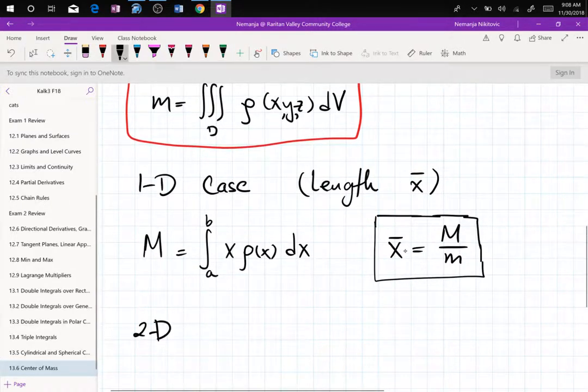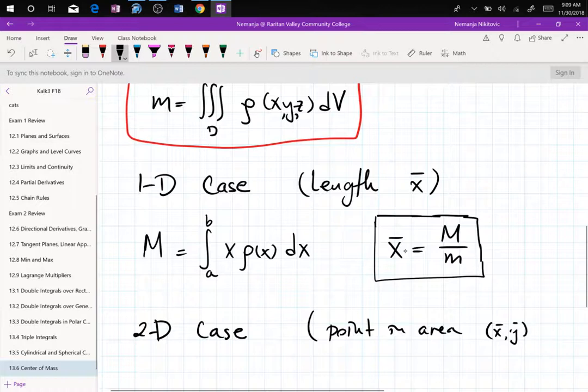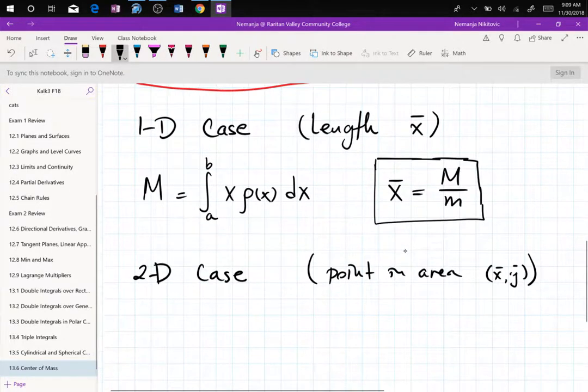Now the 2D case is where we're looking for the point in area, and that's going to be x bar, y bar. And now you have to find two moments.